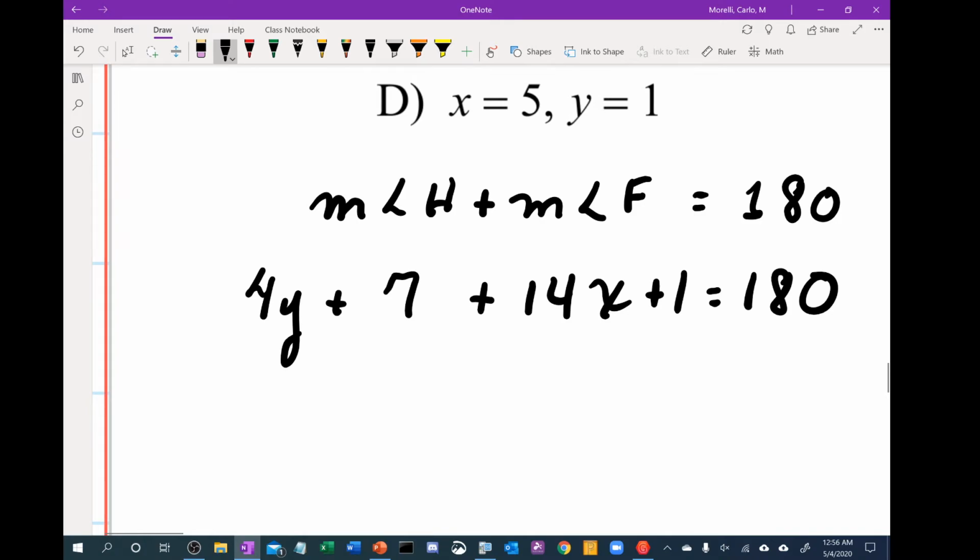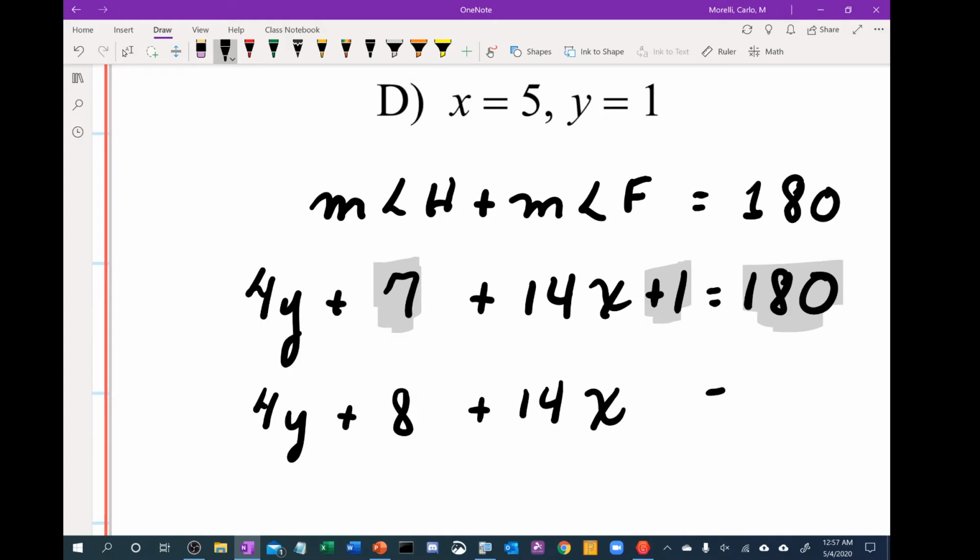Well, let's see what we can combine. We can combine the 7 with the 1, and then we can work on that 180. So I've got 4y, and then 7 plus 1 is 8, so plus 8 plus 14x equals 180.